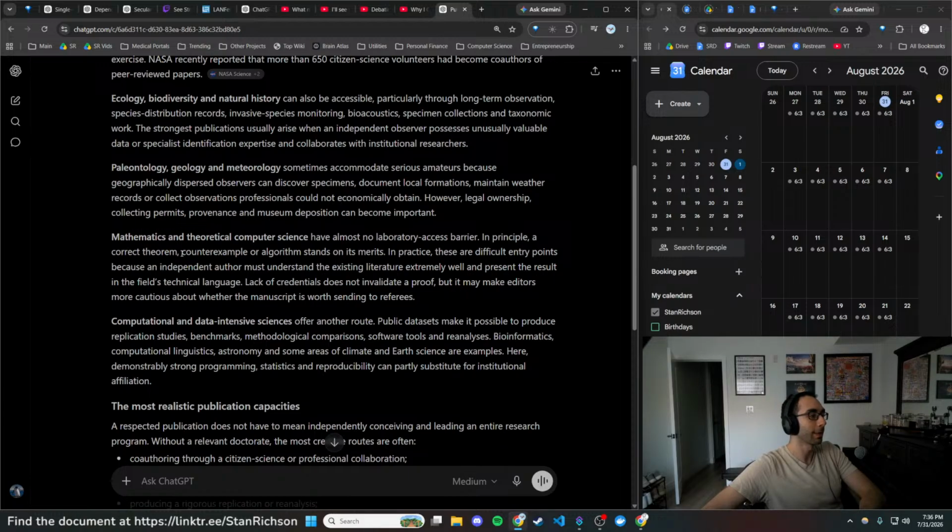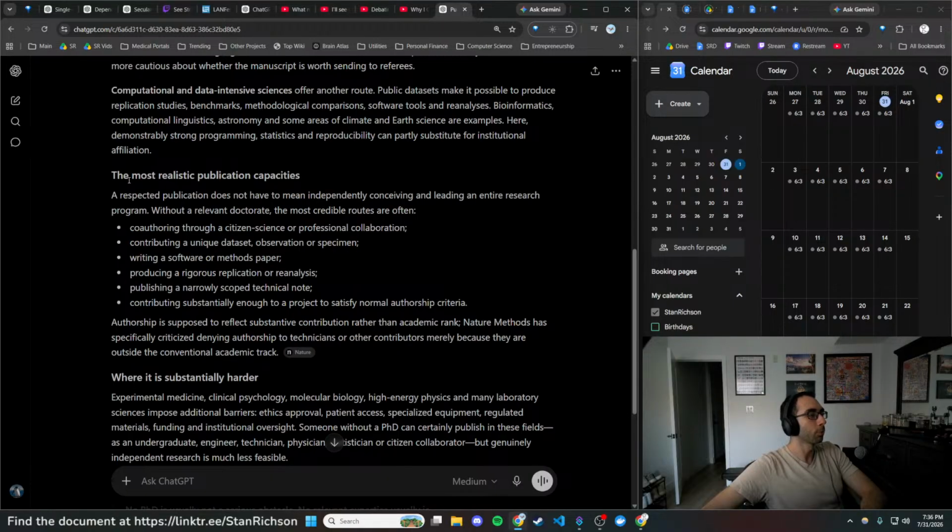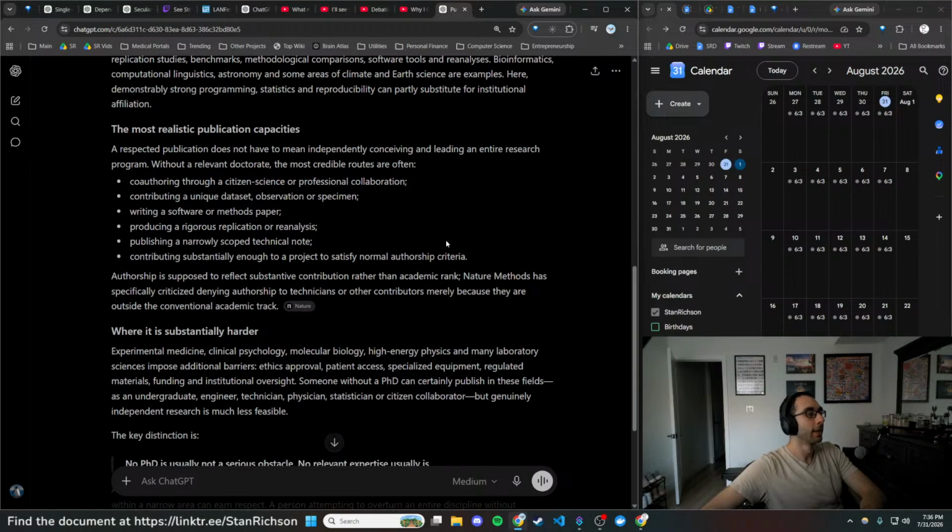In principle, a correct theorem, counterexample, or algorithm stands on its own merits. Crazy. Computational data-intensive science offer another route. The most realistic publication capacities. A respected publication does not have to mean independently conceiving and leading an entire research program without a relevant doctorate.